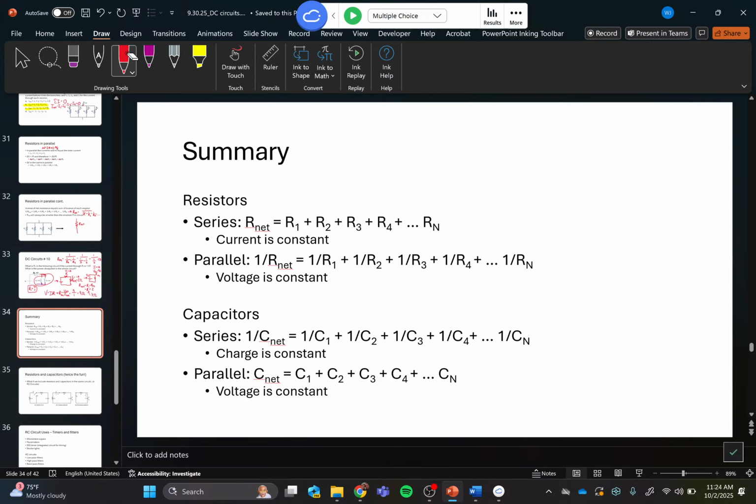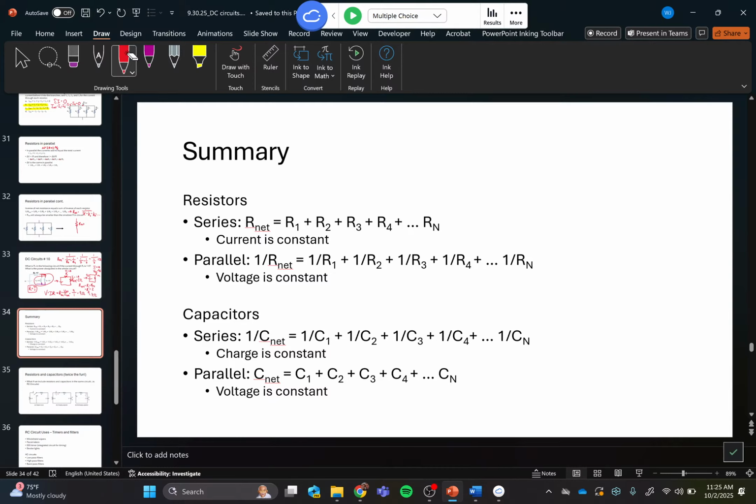So it's good to remember, that's why I'm reminding you all of this. They're opposite rules, and it's very easy to mix them up. On the formula sheet, I just put them. I don't tell you which one's series and which one's parallel. That's up to you to remember, or put it in a card. So this is a nice little summary of that, clearly showing they follow opposite rules: in series, resistors add, and in parallel, capacitors add.